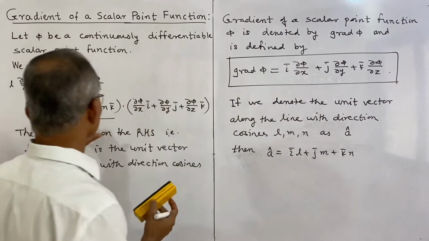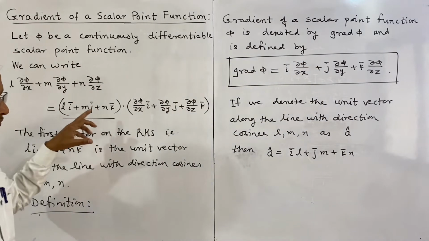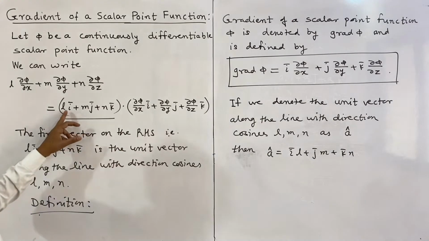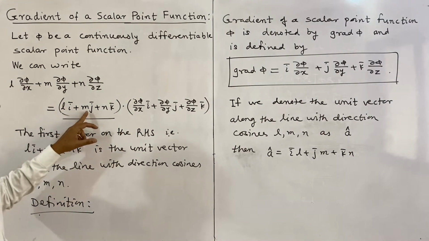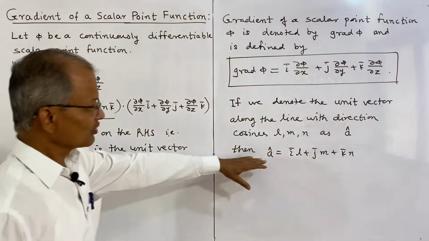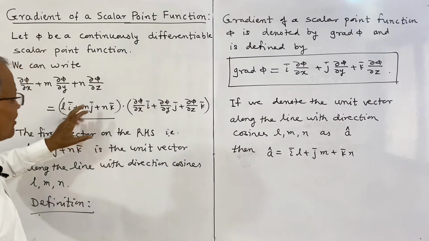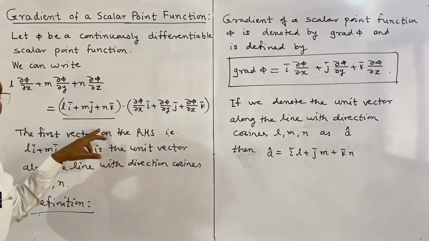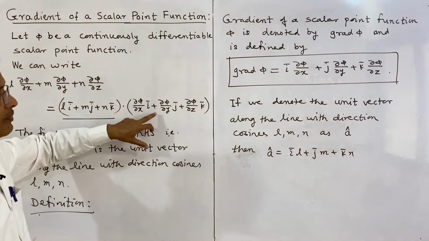So, same expression, i, j, k we will write first, and li is same as il, mj is same as jm, etc. So, this is a cap, and now this right side becomes a cap into gradient of phi.